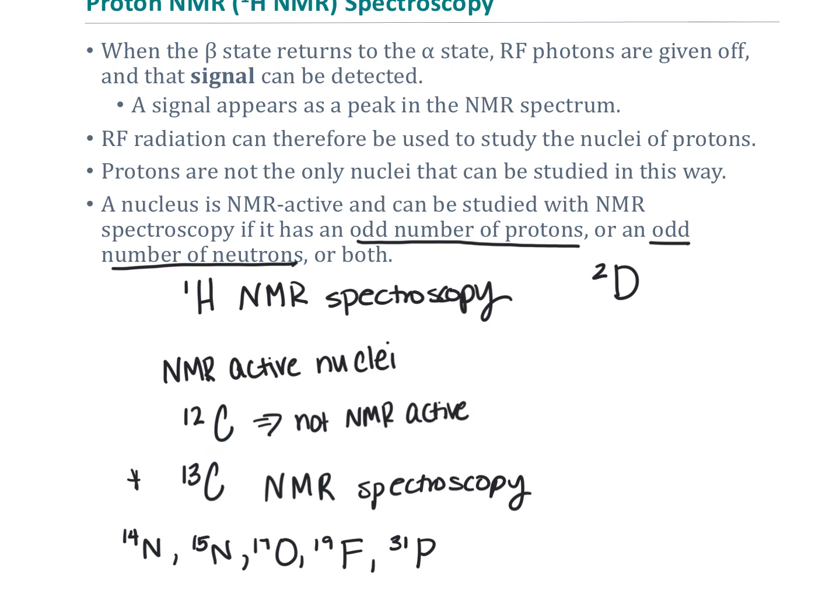If you get into more complex biochemical principles, that's where phosphorus becomes really helpful, as well as nitrogen. If you think about your DNA and RNA complexes, there's a lot of phosphorus and nitrogen in those complexes. So these are really used for some biochemical principles, whereas we're going to stick to proton NMR and carbon NMR for organic chemistry principles.